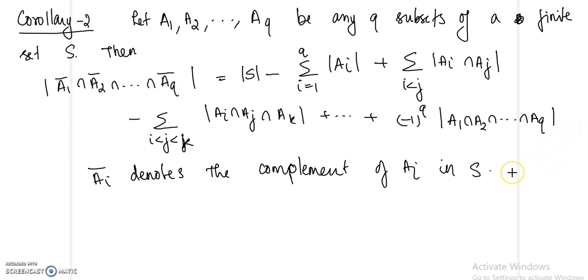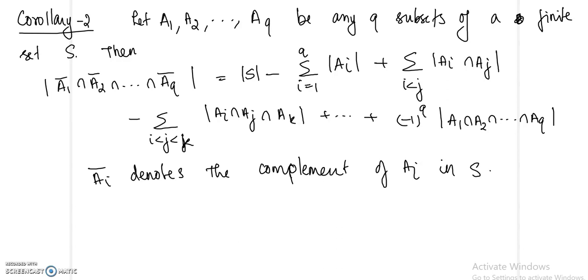So if you have the subsets A1, A2, etc., AQ of a finite set S, then we have the formula for the cardinality of A1 complement intersection A2 complement intersection, etc., AQ complement. Now let us prove this result using the corollary 1.